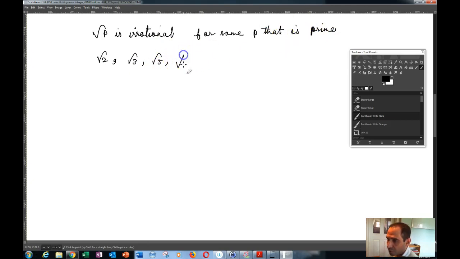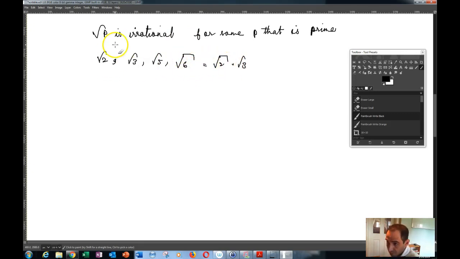But even square root of 6 is an irrational number, because it's equal to square root of 2 times square root of 3, and both of these numbers are irrational numbers. And even if one of these numbers is an irrational number, then still this number would be an irrational number.